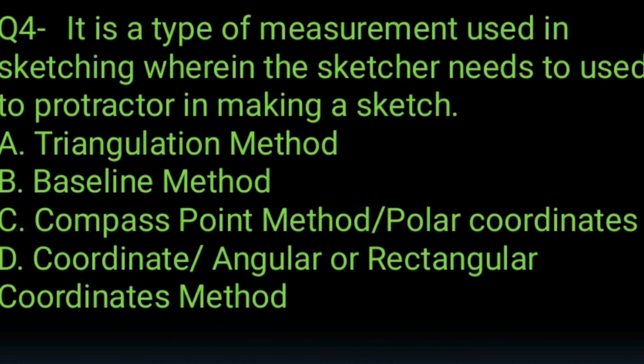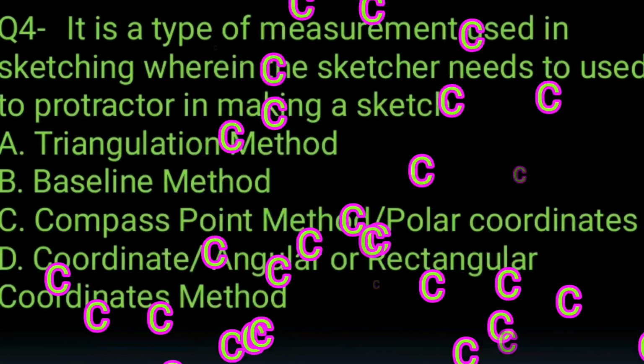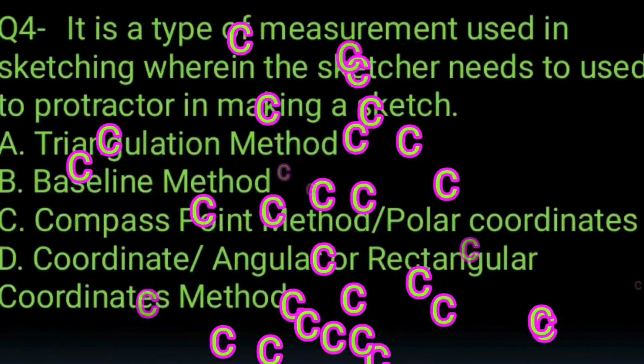Letter C, compass point method or polar coordinate method. And letter D is coordinate or angular or rectangular coordinate method. And the answer for this question, ladies and gentlemen, is Charlie. Okay, yan po ang tinatawag po na compass point method or polar coordinate method.